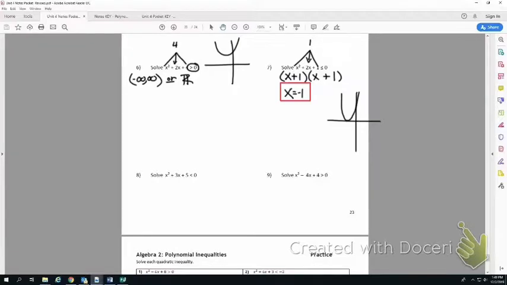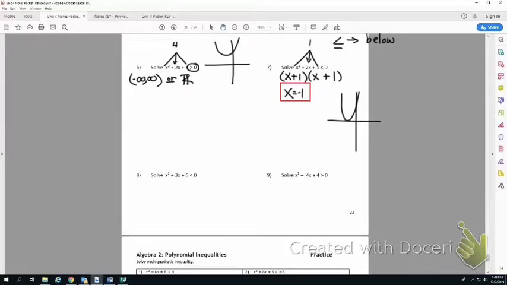Why would you get x equals negative 1? Okay. Because if you look at the inequality, and I'm going to go through those here in a minute, the way I read this, whenever I'm doing these, is I read that as below. So how much of that parabola is below the x-axis? None of it is below.